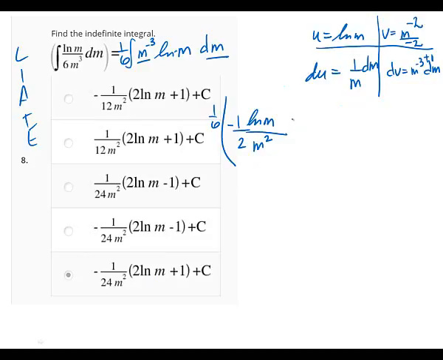And then that was uv minus the v, which I'm going to leave like that this time. M to the negative 2, I'm going to bring the negative 1/2 out in front, times 1 over m dm.